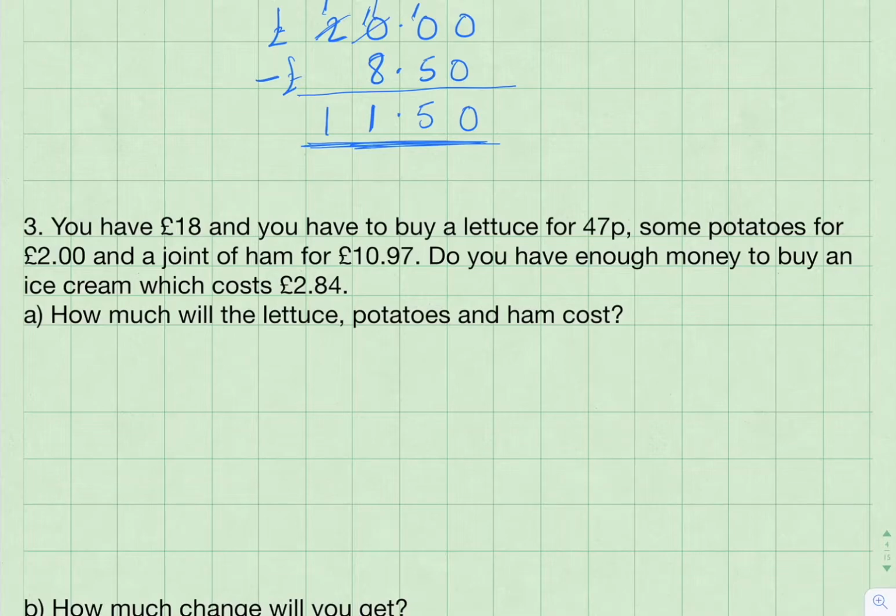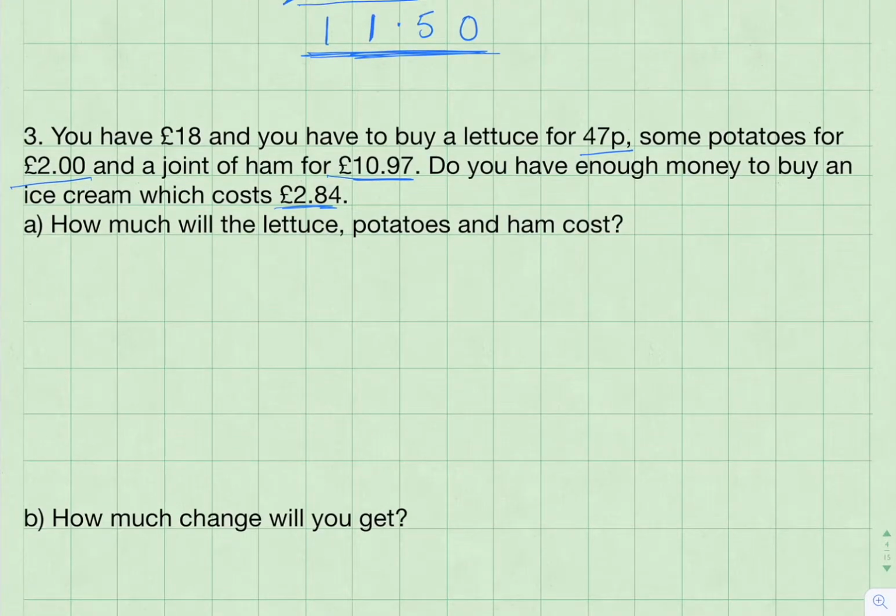Question number 3. You have £18 and you have to buy a lettuce for 47p, some potatoes for £2 and a joint of ham for £10.97. Do you have enough money to buy an ice cream which costs £2.84? So there's quite a lot of detail in that question, but let's take it one step at a time.